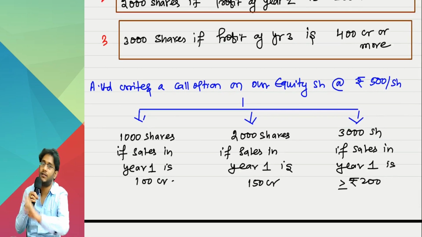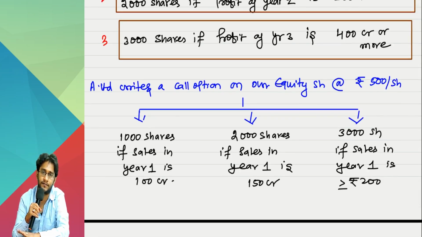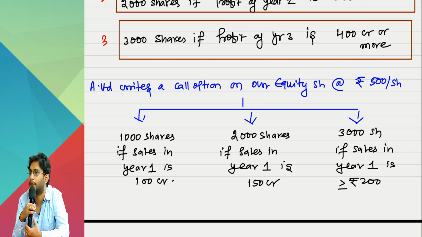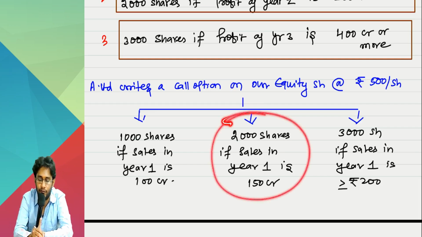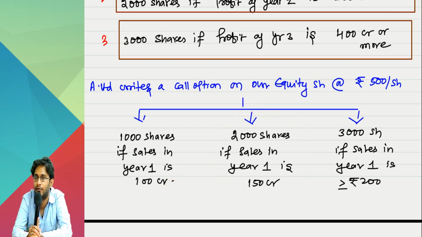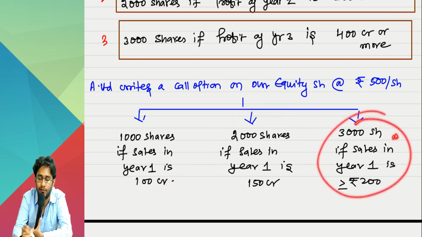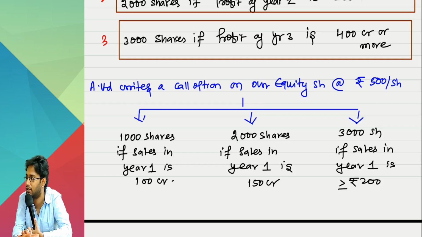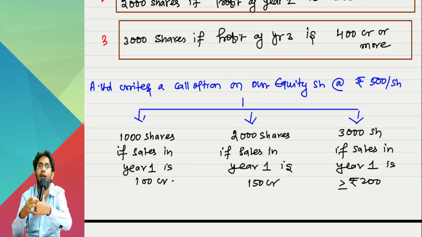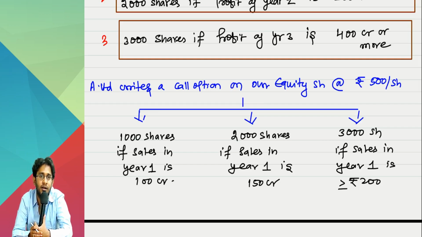But these 3 conditions are not independent; they are interdependent. Tell me, ma'am, can you satisfy the second condition without satisfying the first? Can you satisfy the third condition without satisfying 1 and 2? No. If you achieve sales of more than 200 crores, automatically the first and second are also passed. They are all interdependent conditions.